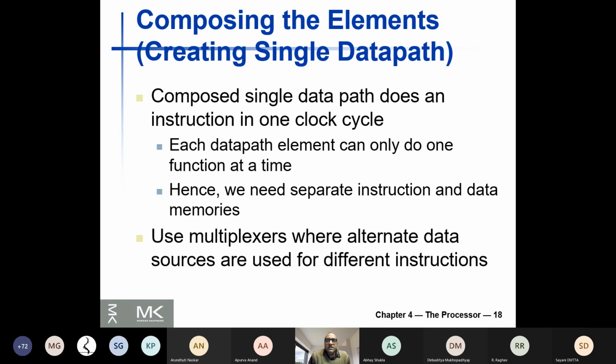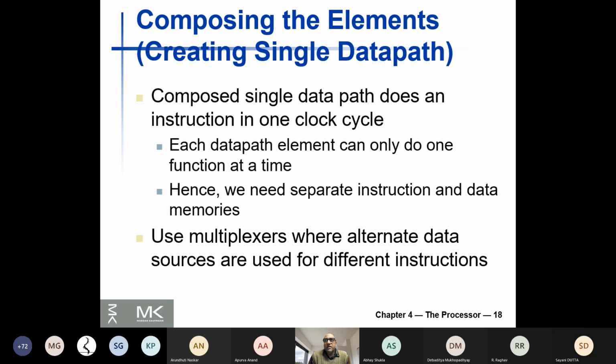In that, we very briefly discussed an overview of what is meant by data path and what the control signals are, superficially. After that we discussed the various data path components involved in the implementation of the required instructions.